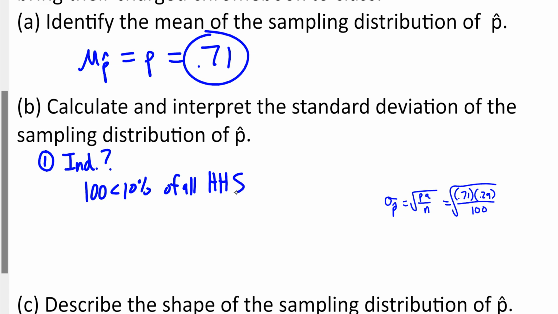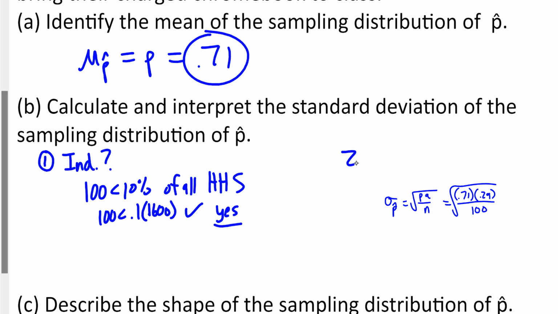So we have about 1,600 students. Is 100 less than 0.1 times 1,600? Yes, it is. So we checked independence, we're good.